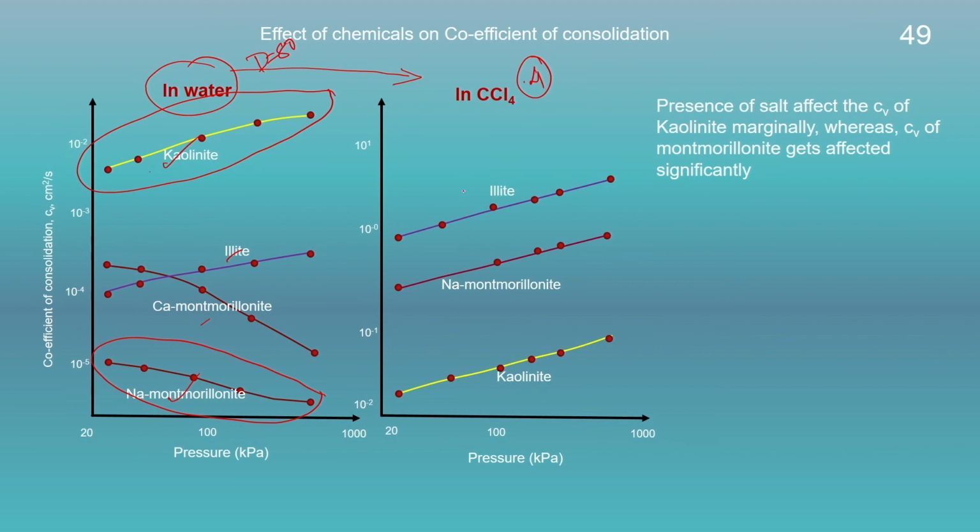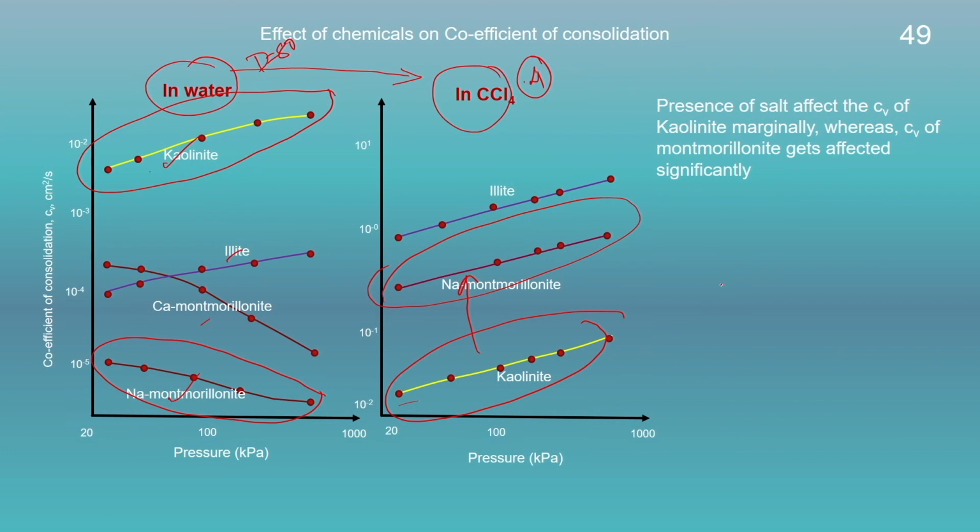That means, the kaolinite's coefficient of consolidation will not change that much, but on the other hand, the coefficient of consolidation of sodium montmorillonite will increase to a significant extent. So, this change in the coefficient of consolidation for sodium montmorillonite is because of the collapse, or significant decrease, of the diffuse double layer thickness in the presence of CCl4.